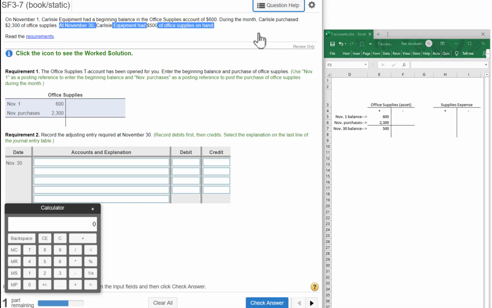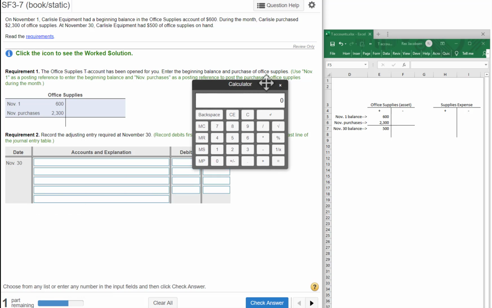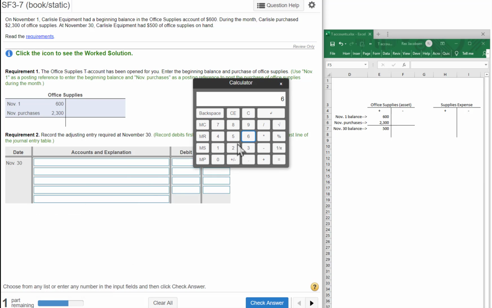So the way we do that is we're going to take the pluses, 600 plus 2,300 equals $2,900 of office supplies available, and then we're going to subtract the ending balance, minus 500, means we must have used up $2,400.